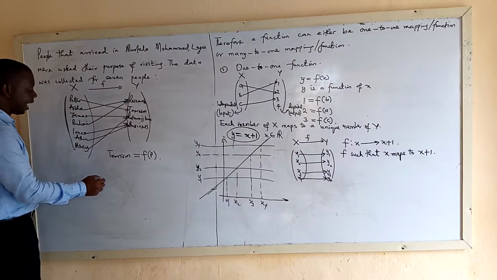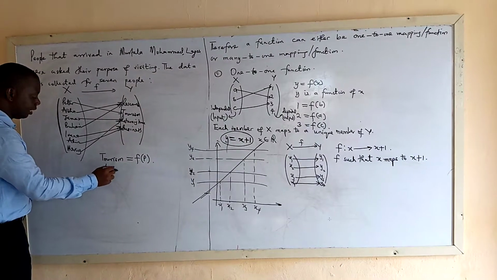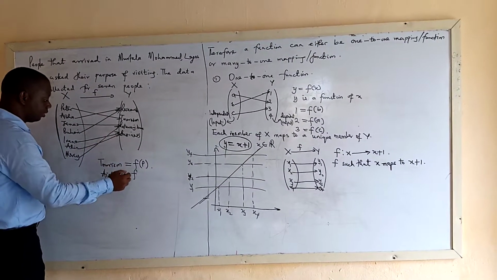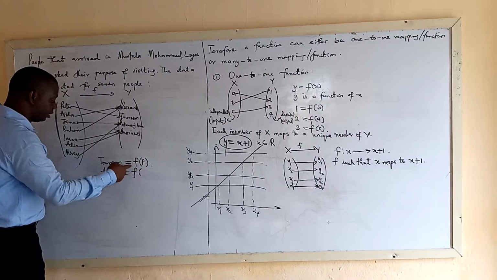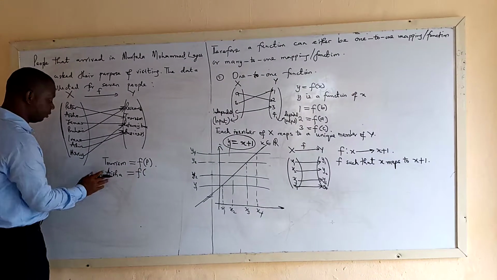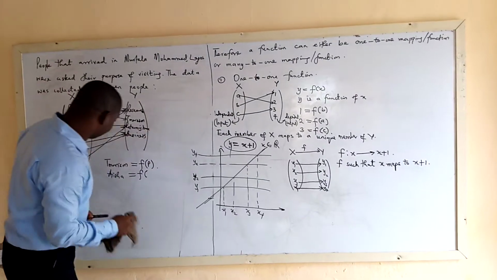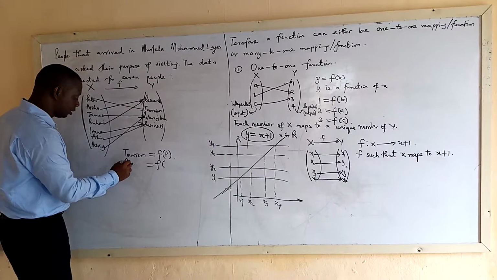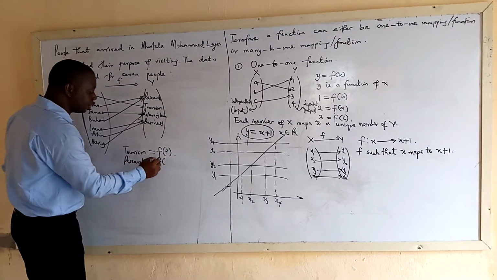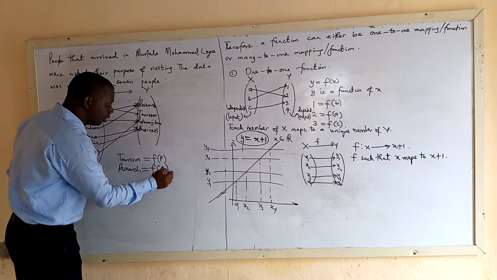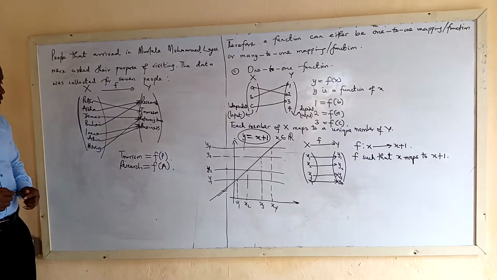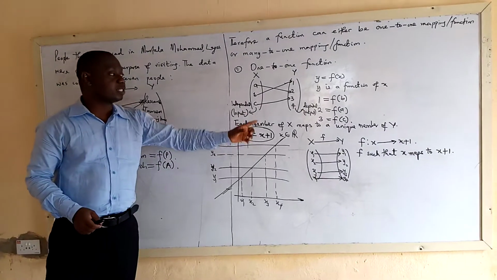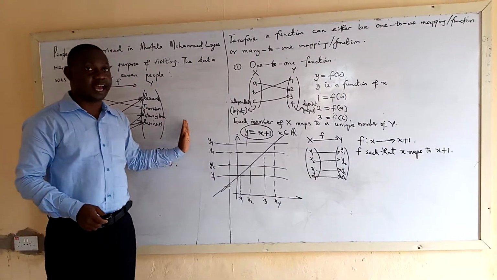So if I pick Aisha, research is a function that Aisha came for. So like that now, you can see that we are already using function in a live situation.